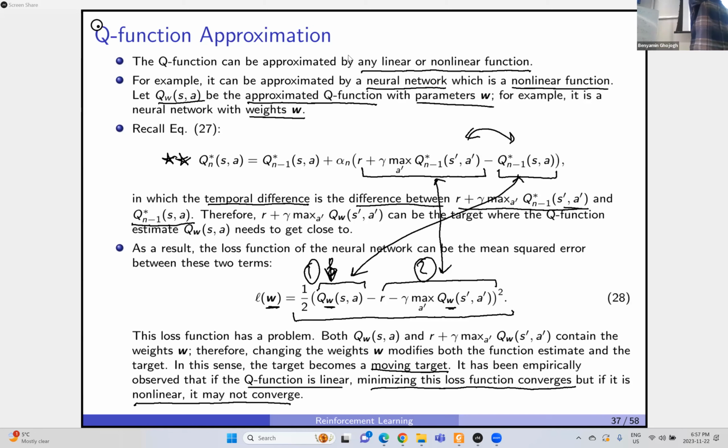What is a good example of non-linear function which approximates other functions? It's neural network. It's a non-linear function which approximates some behavior, right? So as a result, I can approximate my Q's behavior by a nonlinear neural network.